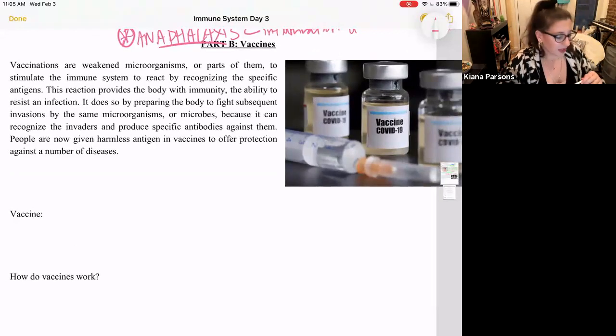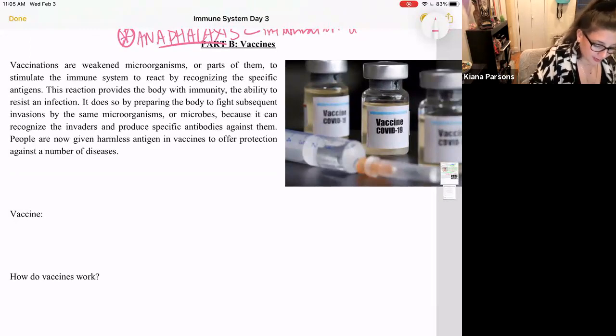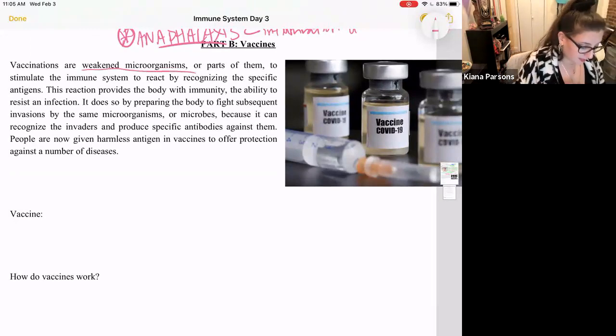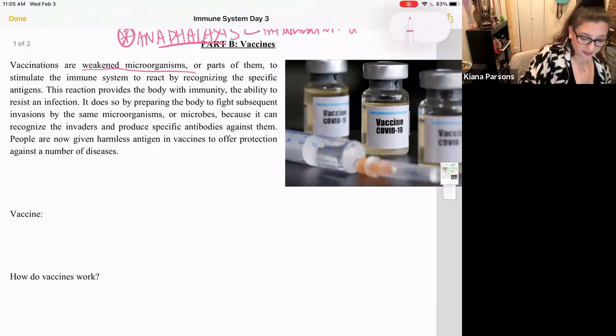So let's talk about now a time when you want your immune system to make antibodies when you take a vaccine. So vaccinations are weakened microorganisms or parts of them that stimulate the immune system to react by recognizing specific antigens. This reaction provides the body with immunity, the ability to resist an infection.